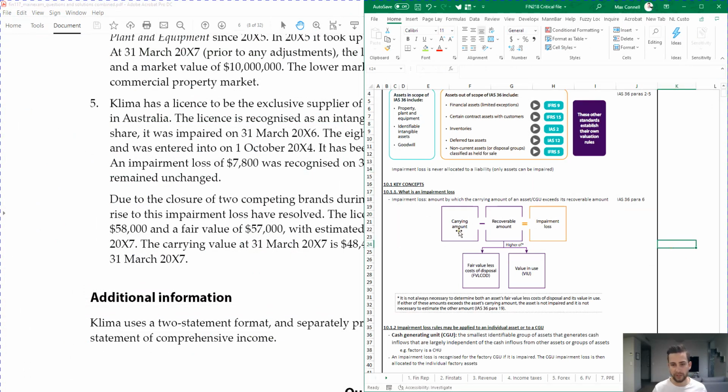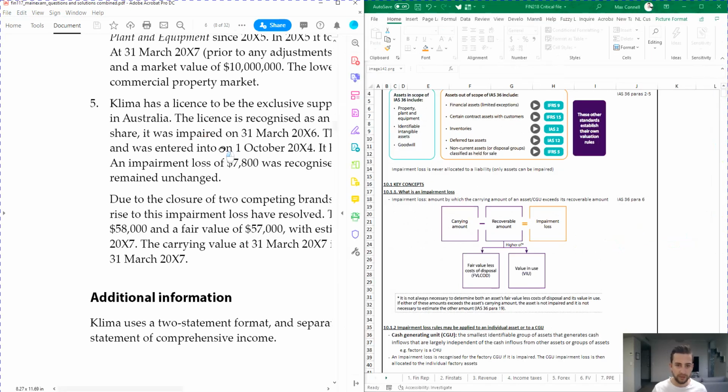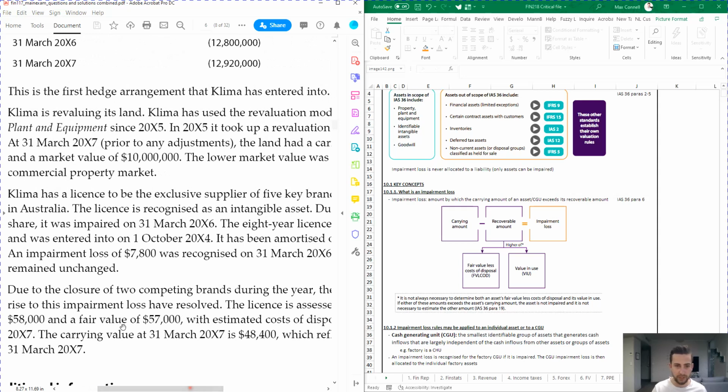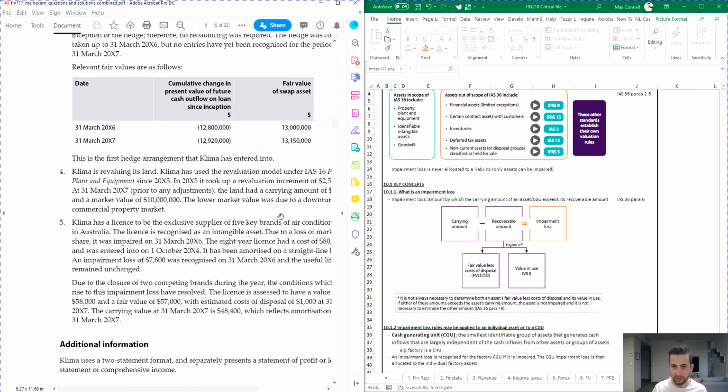The carrying amount for that asset, had no impairment been charged, less the recoverable amount is the impairment loss. So we need to make sure that the recoverable amount is at least greater than or equal to the carrying amount. Otherwise, we need to impair it.